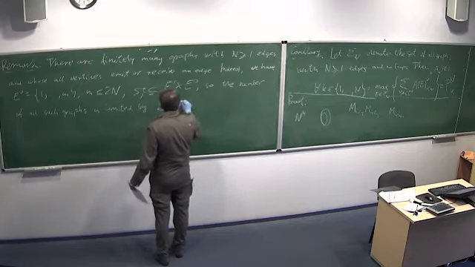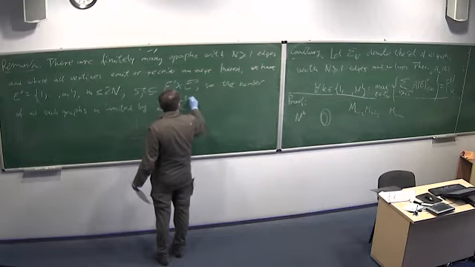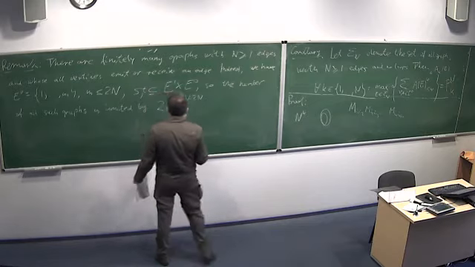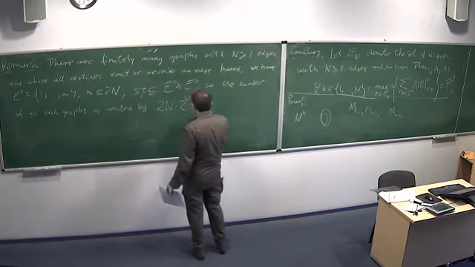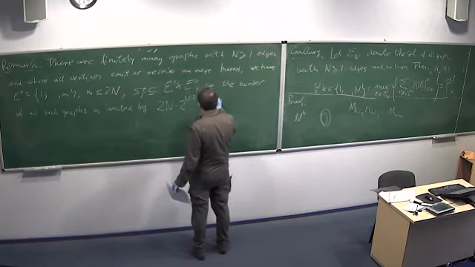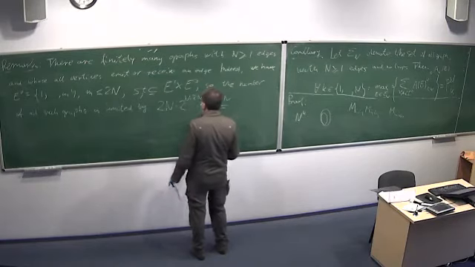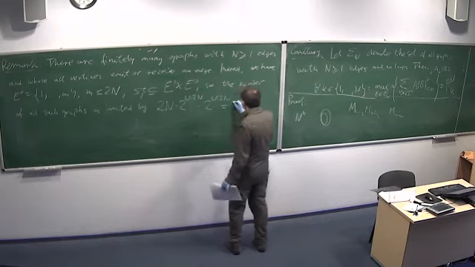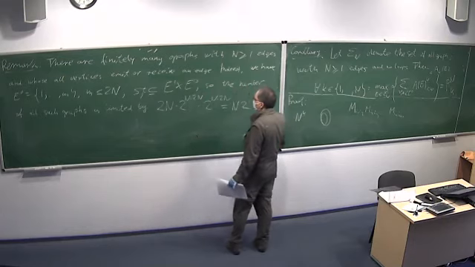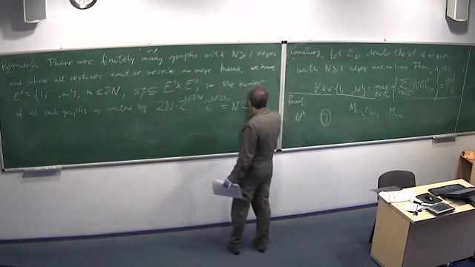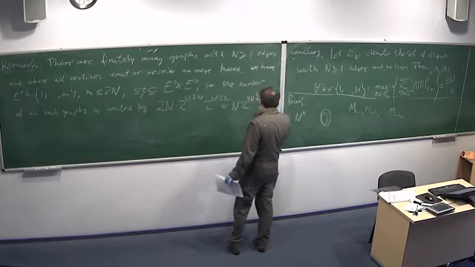So this will be bounded by 2 to n times 2n. And I do it twice, because once I do it for the source, once I do it for the target map. And when I multiply it out, I have n times 2 to the power 4n squared plus 1, which is a finite number.